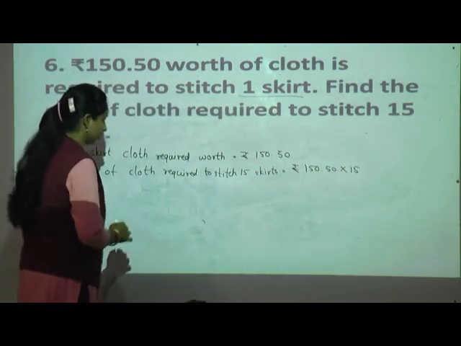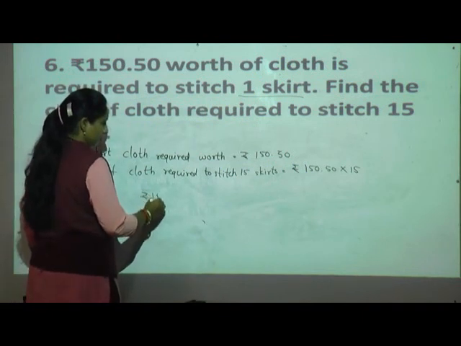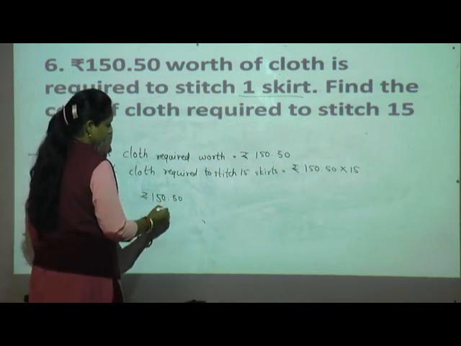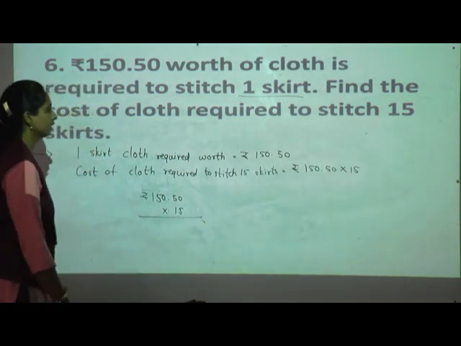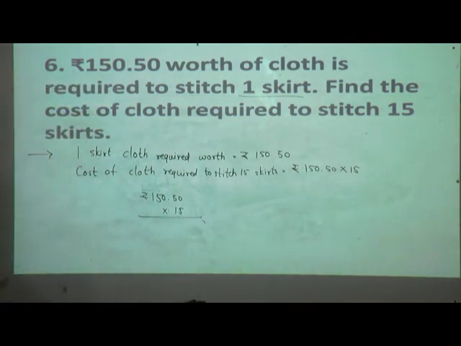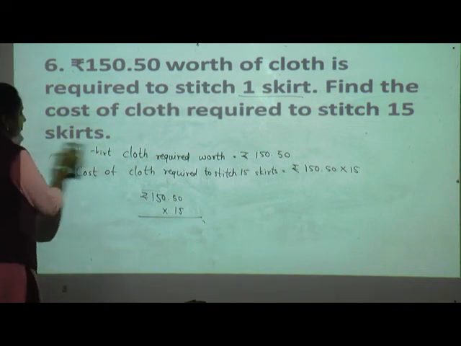So multiply 150.50 by 15, and whatever answer comes, that much. See, the given information I have taken from the word problem only. In this way you have to solve, and whatever answer comes, that much cost of cloth is required to stitch 15 skirts. You have to write. Clear?